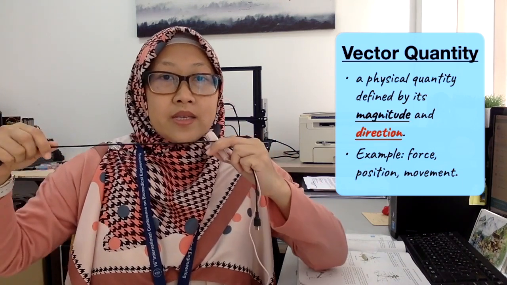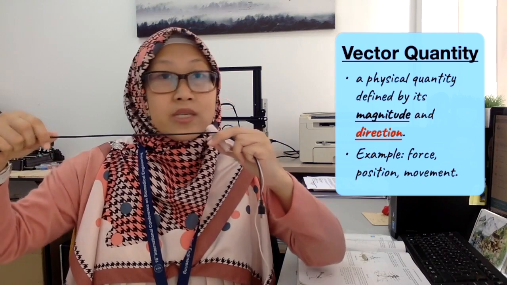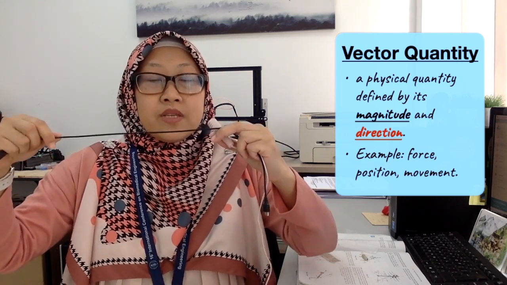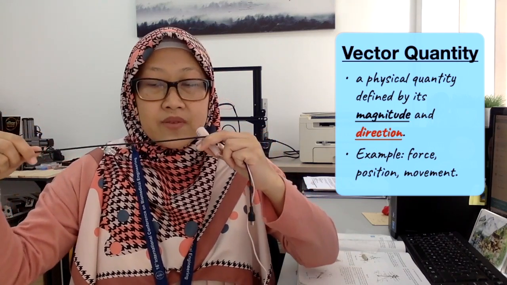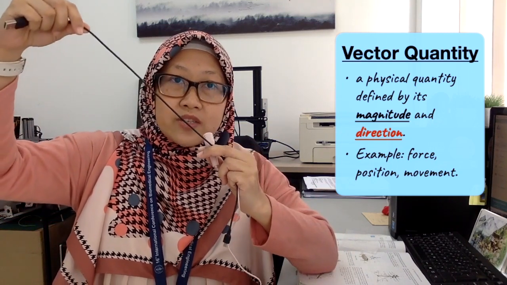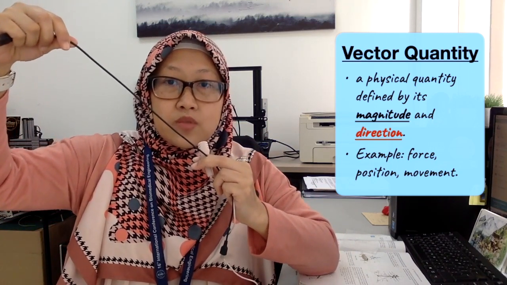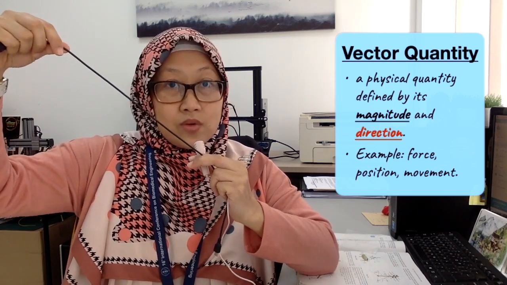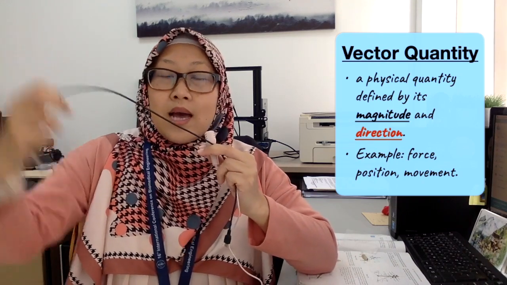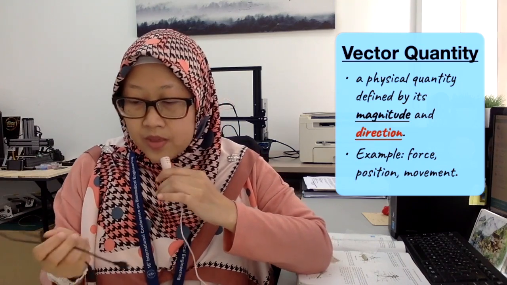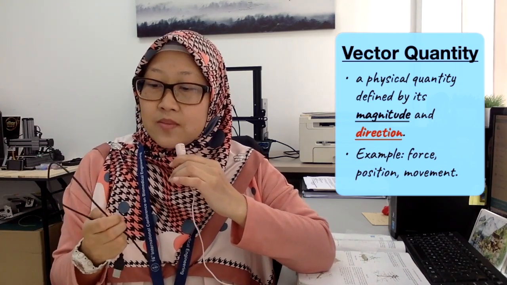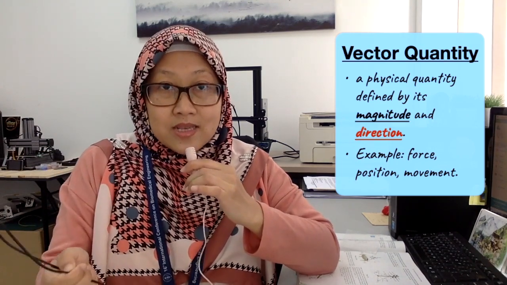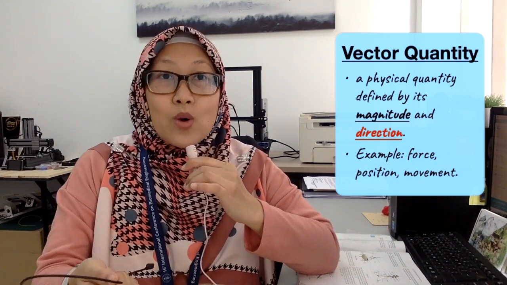Maybe in this direction of 0 degree orientation, maybe the force is lower, but if I change the direction, increase the angular displacement to be 45 degree, then probably the corresponding tension force is higher. So unlike a scalar quantity, direction is a very important characteristic for a vector quantity.